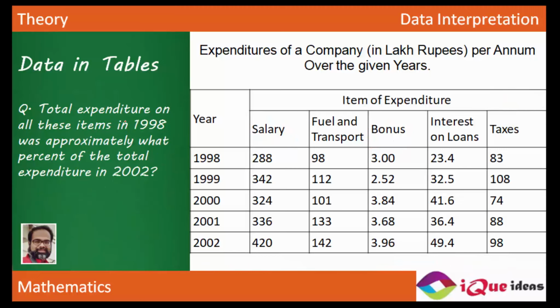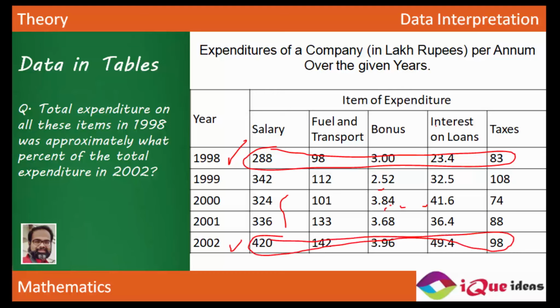Now, the total expenditure for all the items in 1998 is what percentage of the total expenditure in 2002. So first you need to find out the total of this row for 1998. You need to find out the total of this row for 2002.